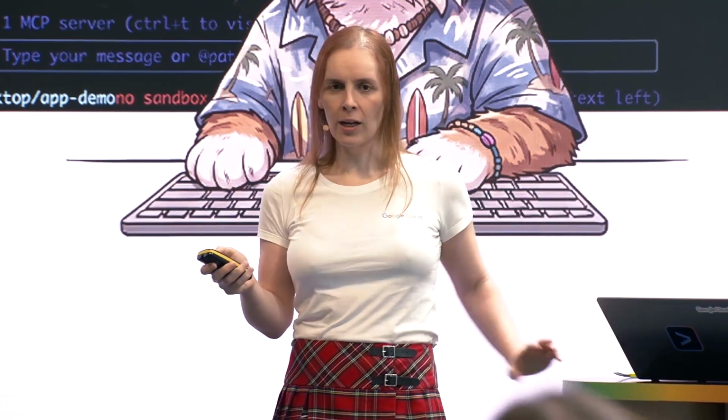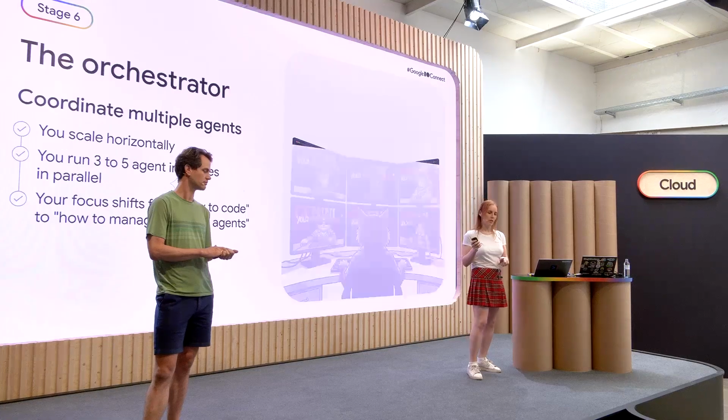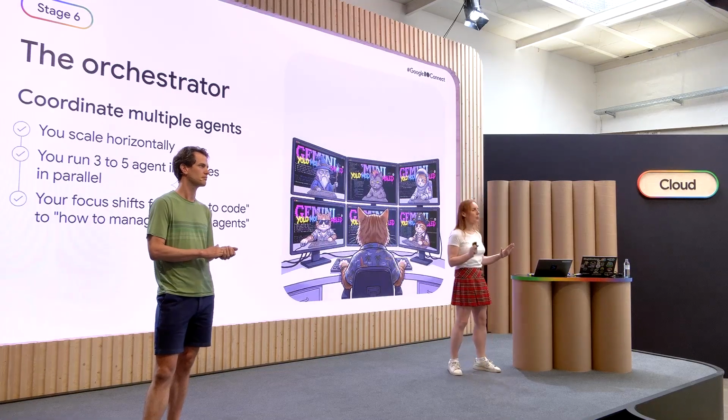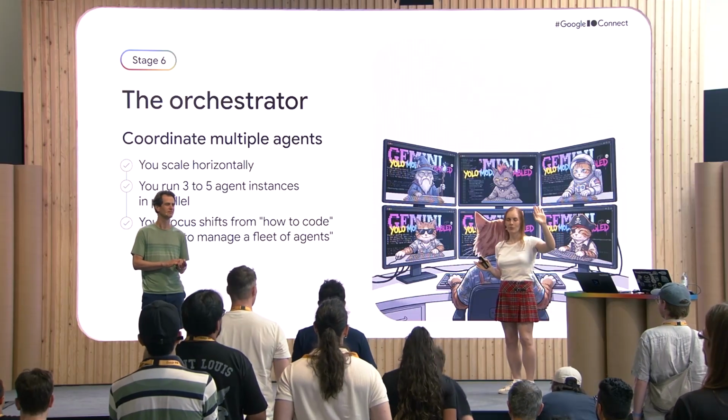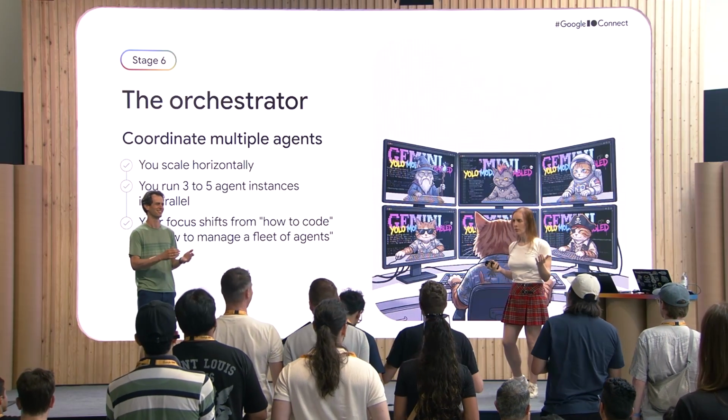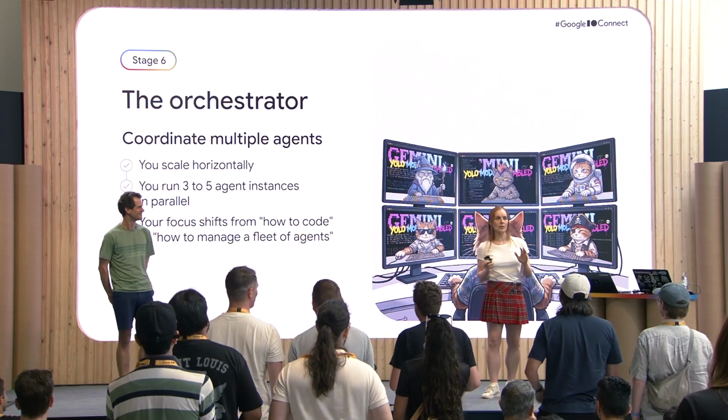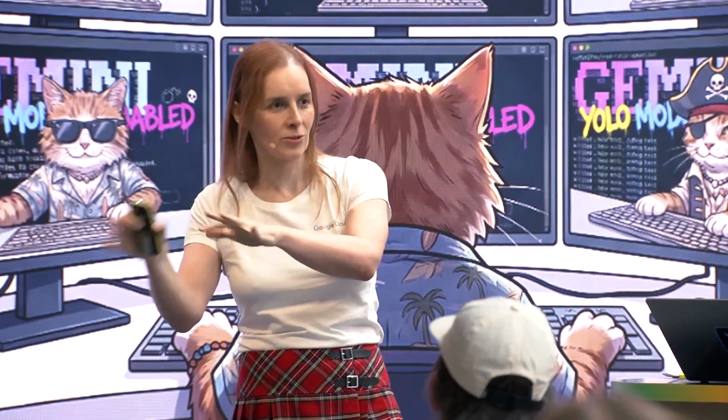Next stage, I always like to say this: maybe you skipped level 5. You're still not fully YOLO mode, but you're doing this: the orchestrator. You're running multiple agents in parallel. Would anyone stand back up at this stage, just to confirm? So we recovered a few people, and these are typically the people that are doing a task, then let it work, and open another tab and do another thing.